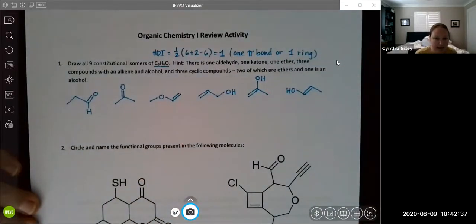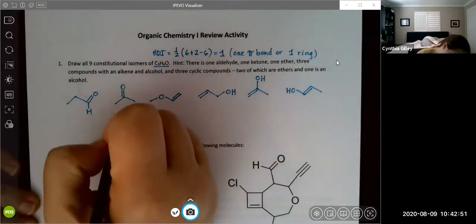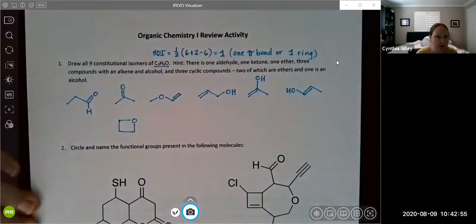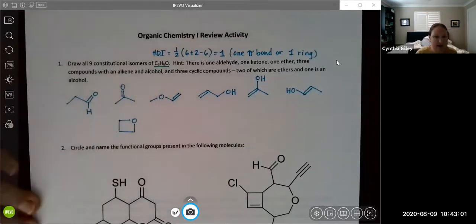And 3 cyclic compounds. So we need to make a ring, and it says 2 of which are ethers and 1 is an alcohol. Maybe if we have a ring with 3 carbons and an oxygen, we could get a 4-membered ring like that. This would match the formula. Remember, we don't need any pi bonds here because the ring takes care of the unit of unsaturation.